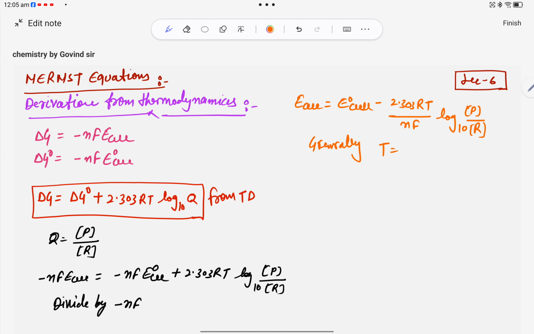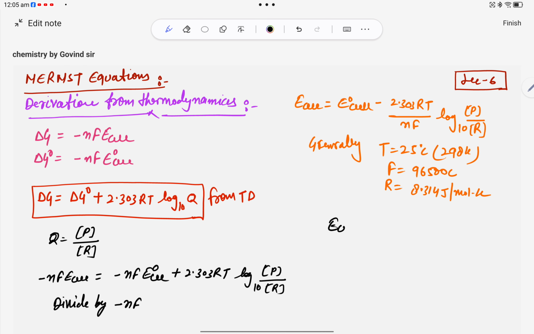So generally T is equal to 25 degrees Celsius, 298 Kelvin, Faraday value 96500 coulomb, and R value 8.314 joule per mole Kelvin. If you use these values, then what formula you will get?